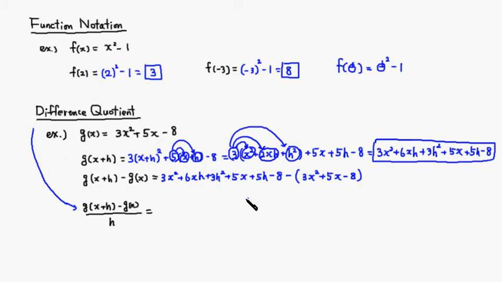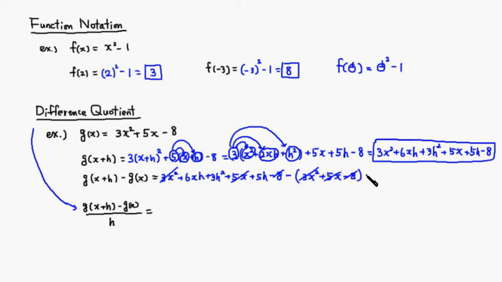So we just have to simplify. You see that 3x squared and 3x squared cancel out. And 5x minus 5x cancel out. Negative 8 minus negative 8 cancel out.